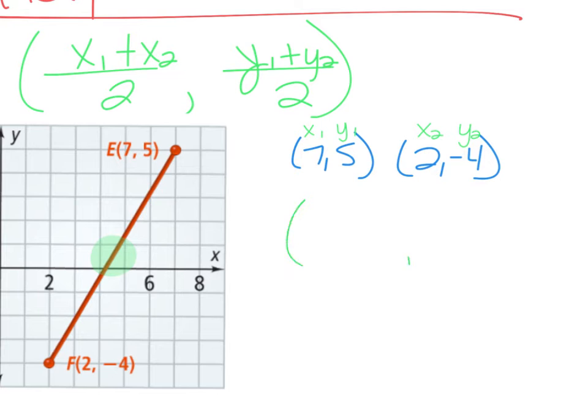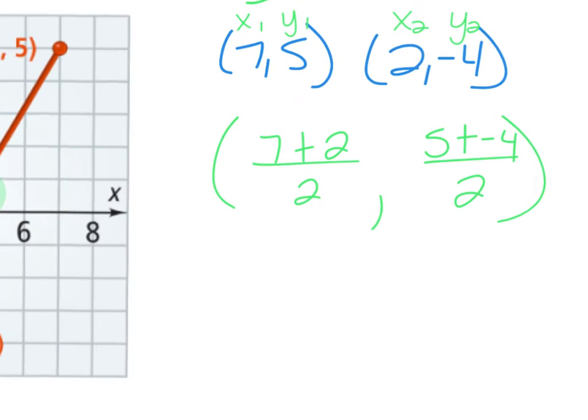You have some big parentheses and 2 fractions inside there. Kind of looks like a face. The first fraction is x1, 7, plus x2, which is 2, divided by 2. And then the second one is y1, 5, plus y2, which is -4, divided by 2.